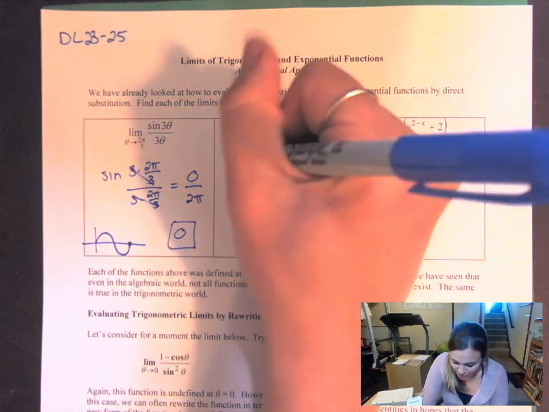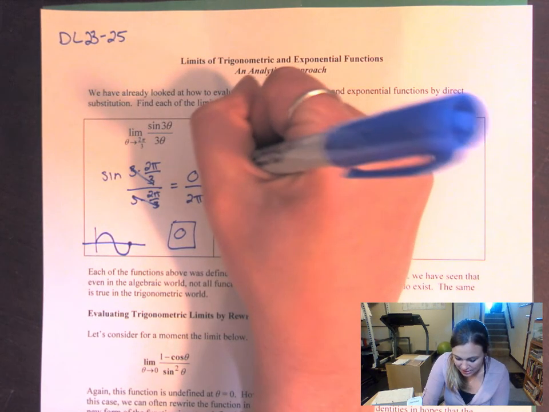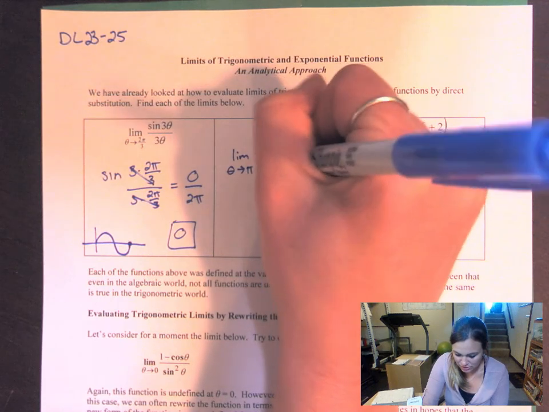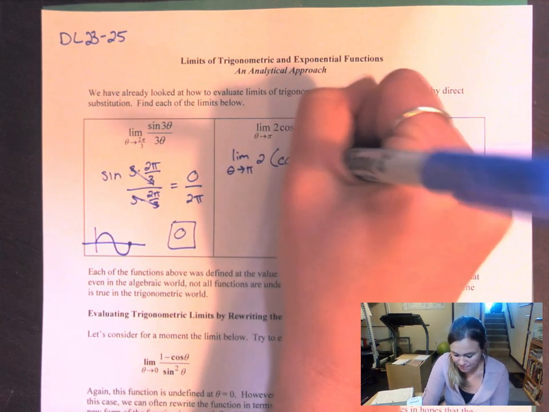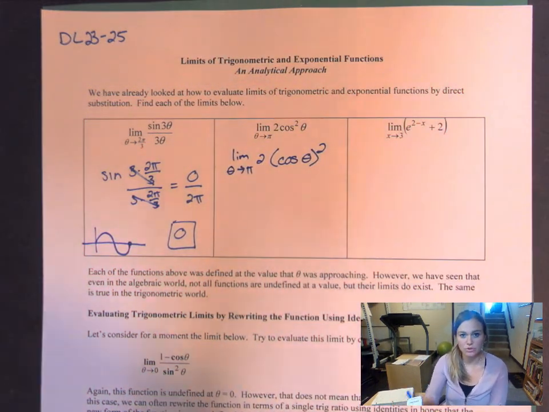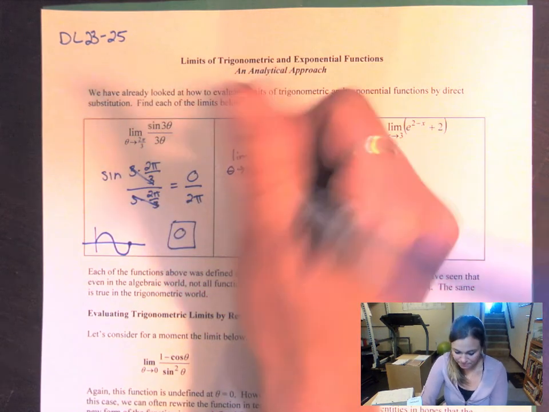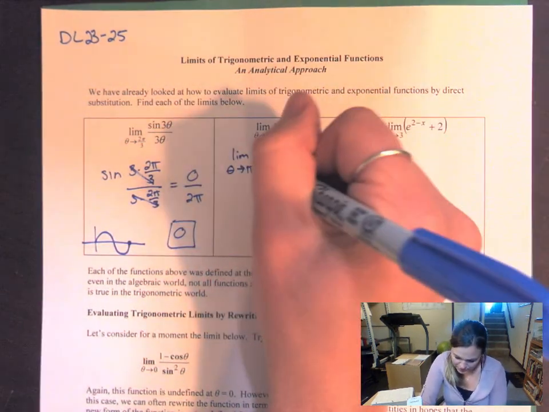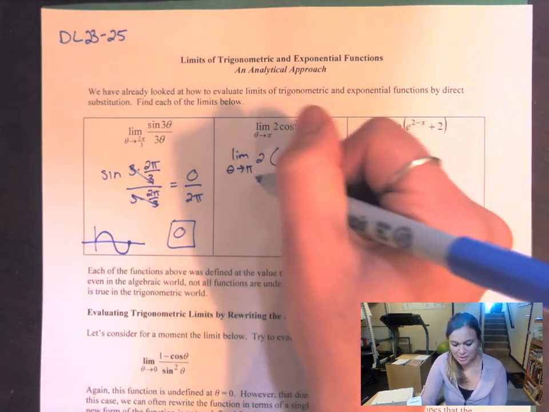Okay, in the next one, I'm just going to rewrite this first because I think sometimes people have trouble putting this in your head when it's written like this. So I'm going to say cosine of theta, and then you square it. So you substitute in first, and then you square. Oh, this was a 2. It looked like pi squared. I couldn't read my own writing.